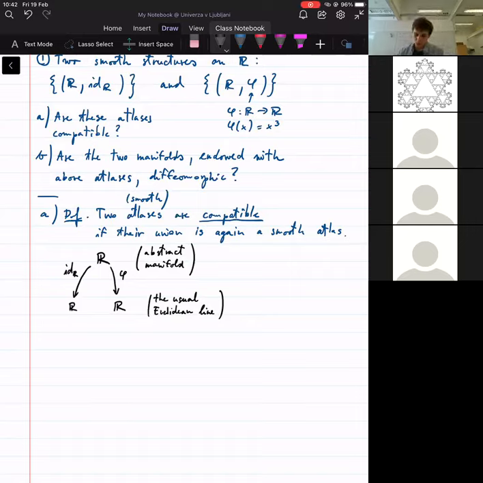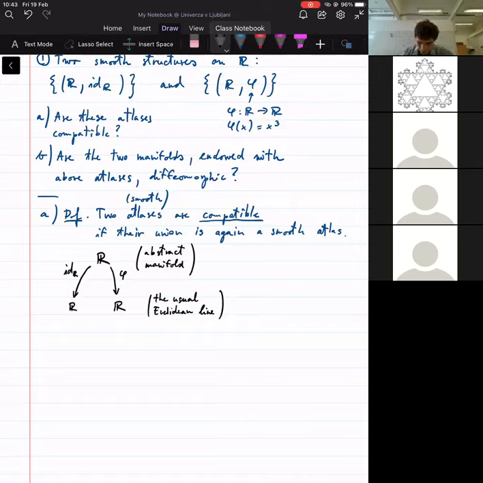Okay, so this is how we depict it, right? One is a notion of an abstract smooth manifold, and the other is the usual Euclidean line. And the usual Euclidean line is where all the stuff is done, right? The abstract manifold serves as a kind of framework for us to consider all of this weird, abstract stuff.